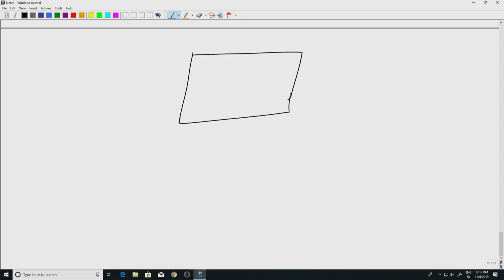You can repeat it here. There's a mirror. But now we should show the glide. So glide is shown as a broken line.